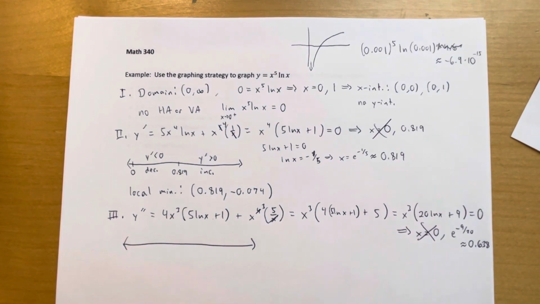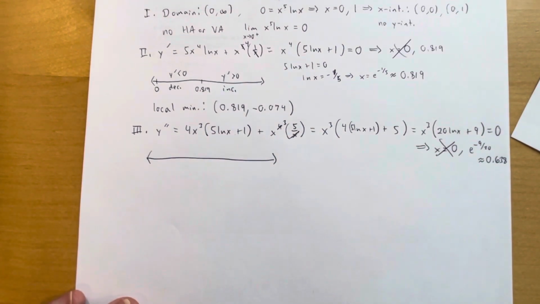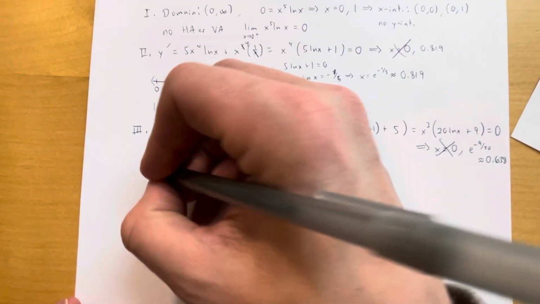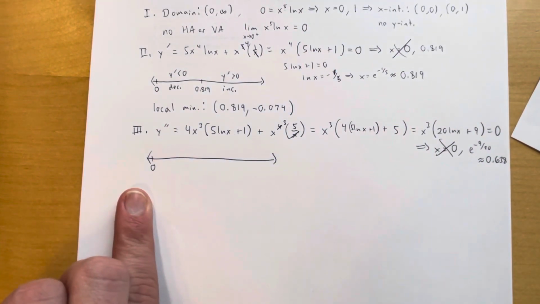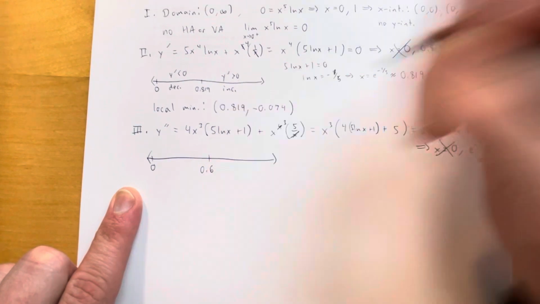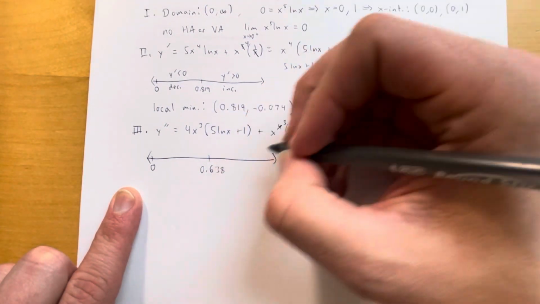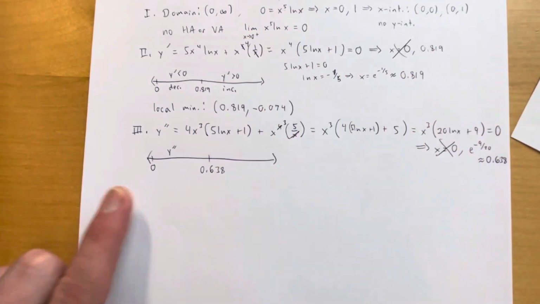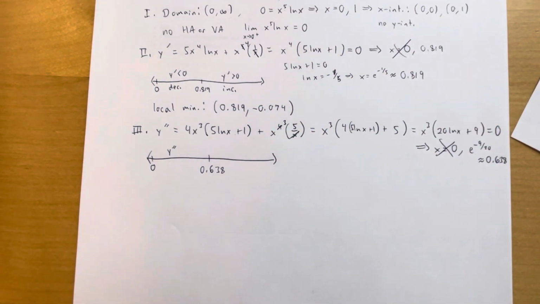So really I just got one critical value. Okay, I'm still going to put the 0 on my sign chart because it's the left boundary for my domain, but I do want to include this 0.638 there. And now we're plugging test points into our second derivative.